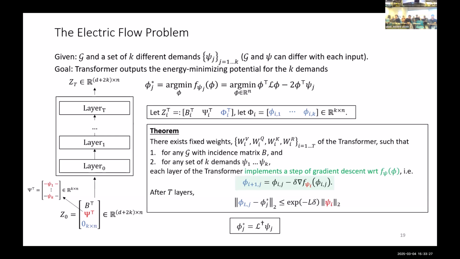Specifically, if you let psi be as defined on the previous slide, then going from psi_i j to psi_{i+1} j, it takes one step of gradient descent with respect to f of psi.